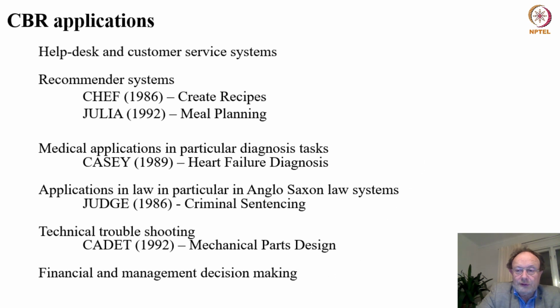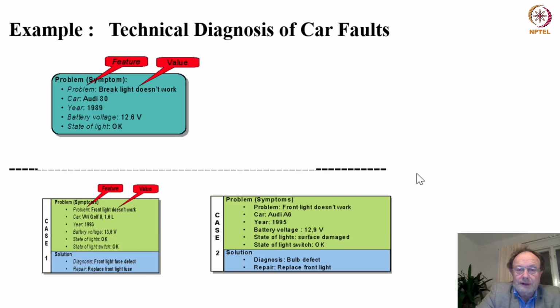Finally, I just want to give you a very small example of how cases of this kind could look. Here you find an example from technical troubleshooting. You can see you have a few stored cases and you have a new case, and of course a number of features, as we have in machine learning in general.